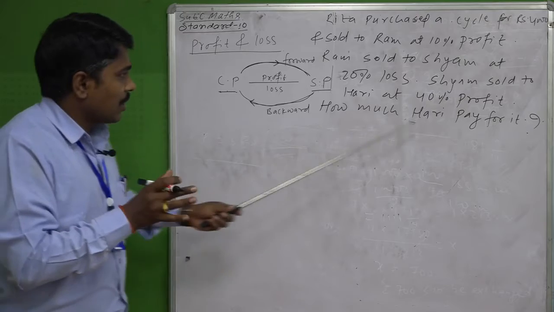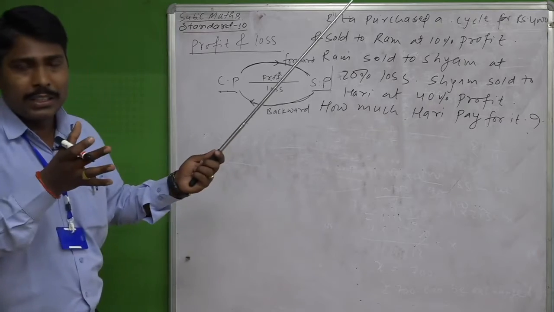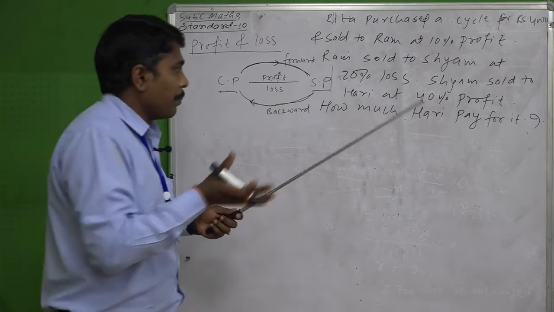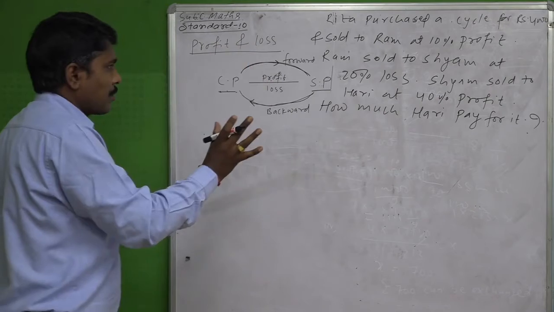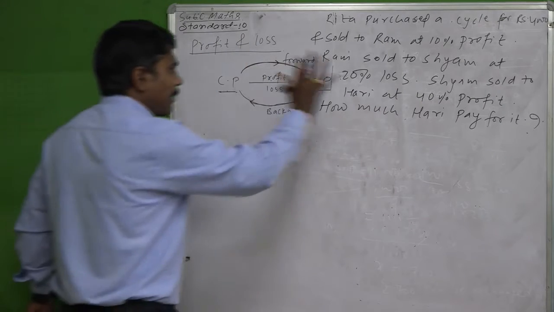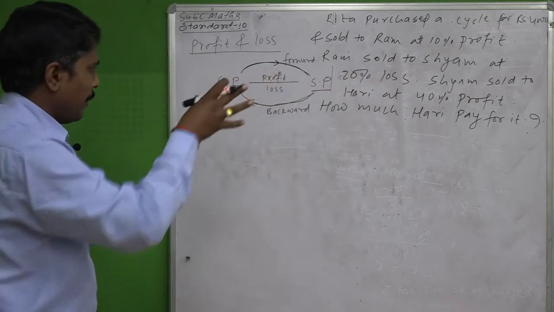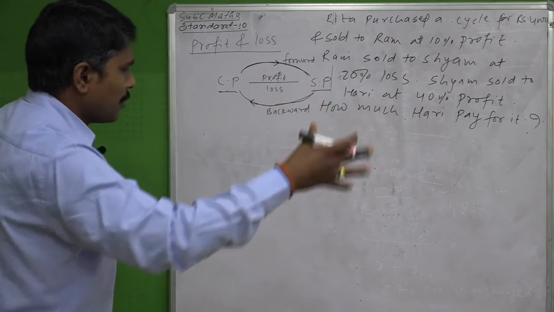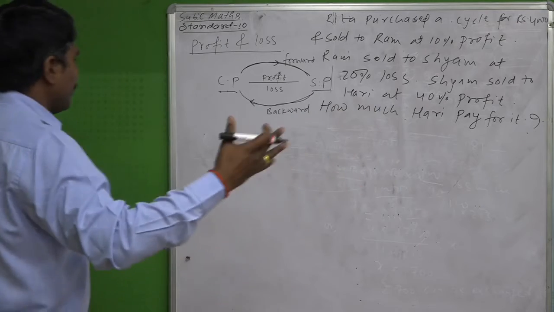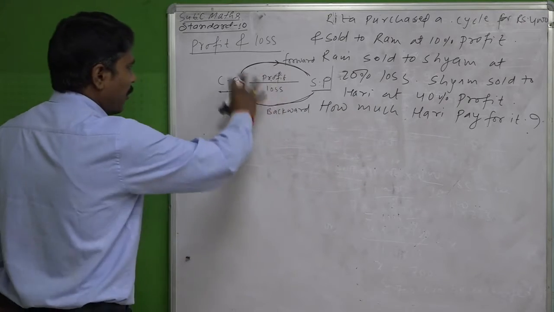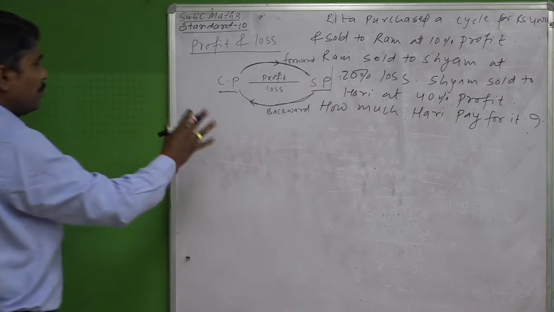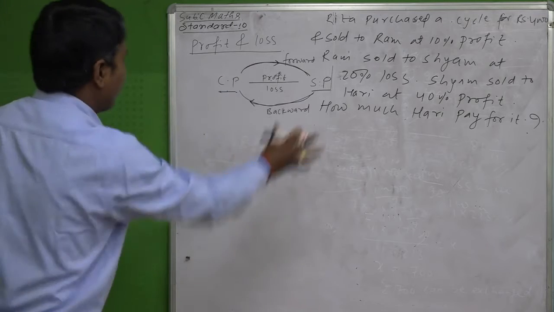Then how much does Hari pay for it? If anyone asks you this type of question, how can you give the answer within a minute? By this forward and backward calculation you will give the answer within half a minute.